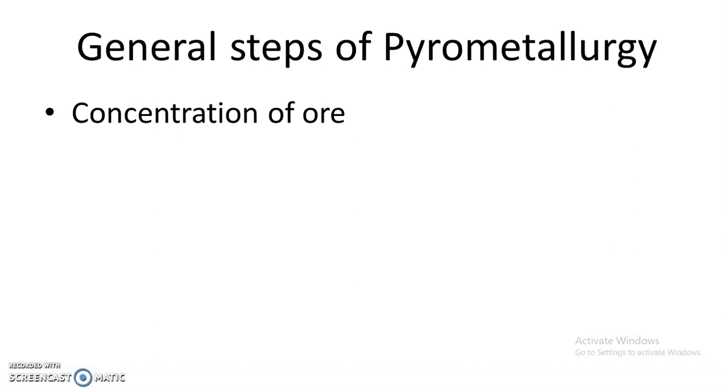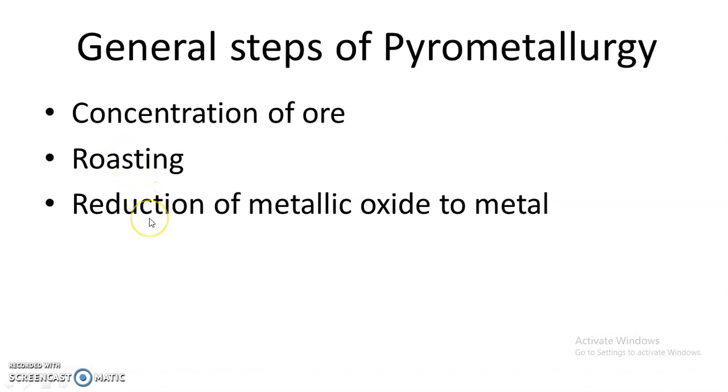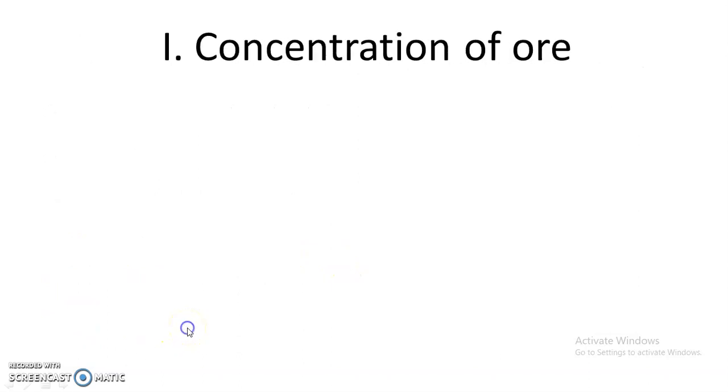For example, the first step, concentration of ore, is common in hydrometallurgy as well as electrometallurgy, etc. So the first step is concentration of ore, second is calcination, then roasting, then reduction of metallic oxide to metal, and then refining of metal. We will discuss one by one.